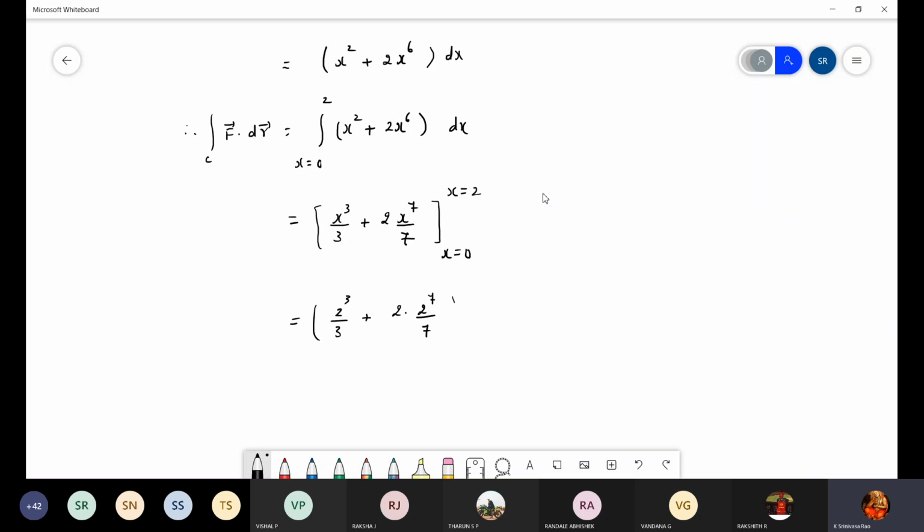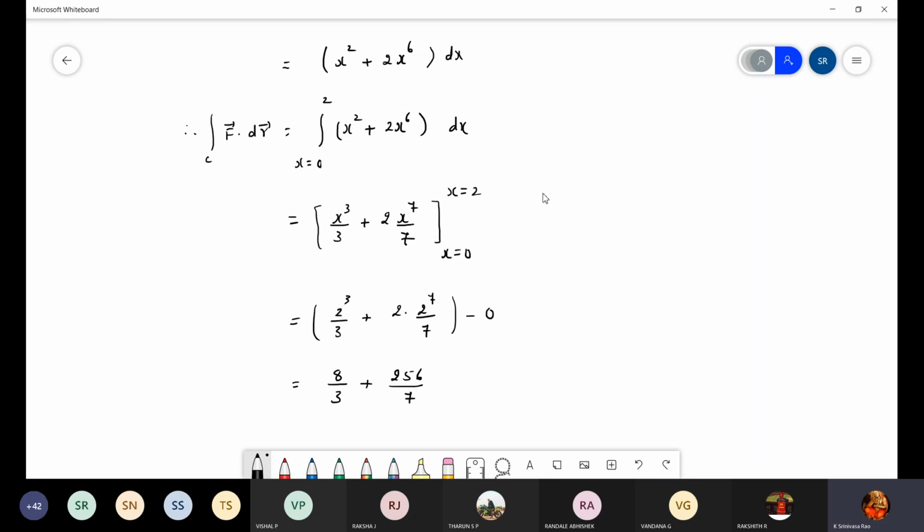This is the upper limit, minus the lower limit, which is 0. What will you get? This is 8 by 3, no? 2 cube is 8. 8 by 3 plus, tell me the numerator value. It is 2 power 8 actually. 2 power 8 is 256. Correct, 256.